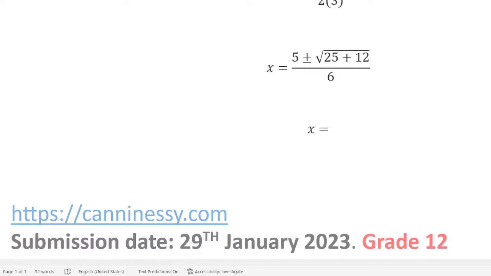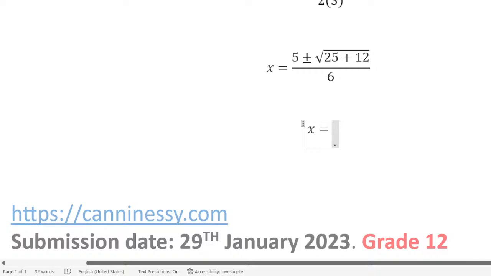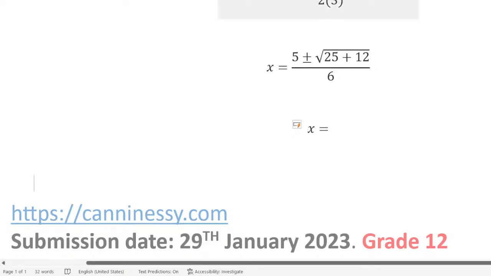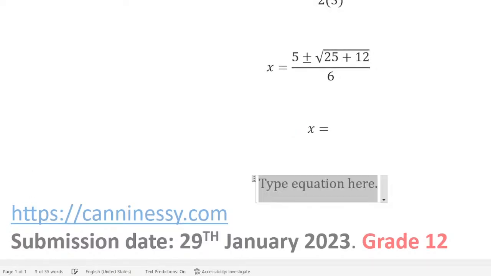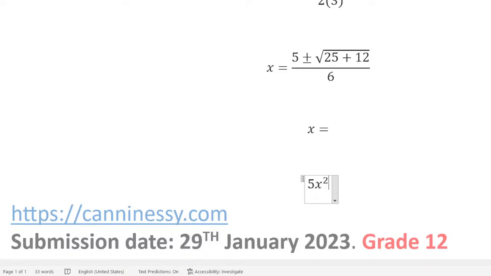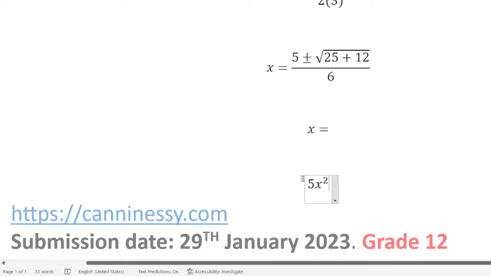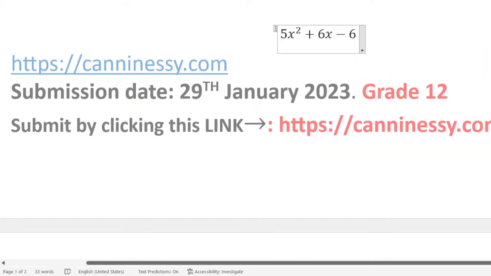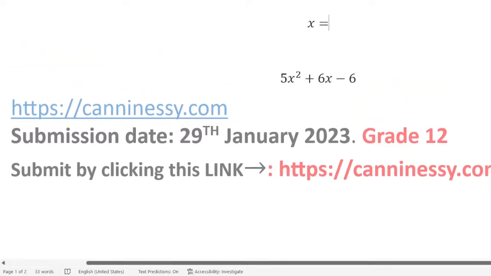Now 5x squared plus 6x minus d. Let me write it here on the next page.